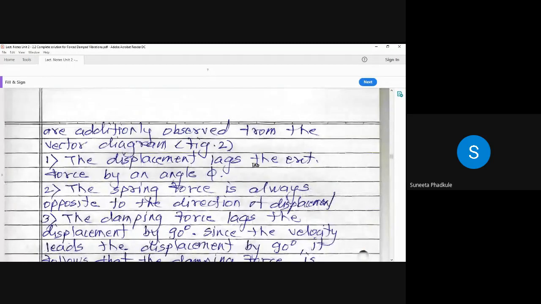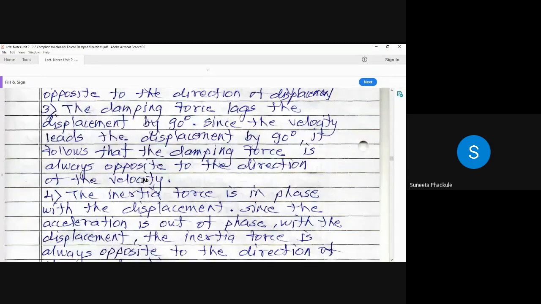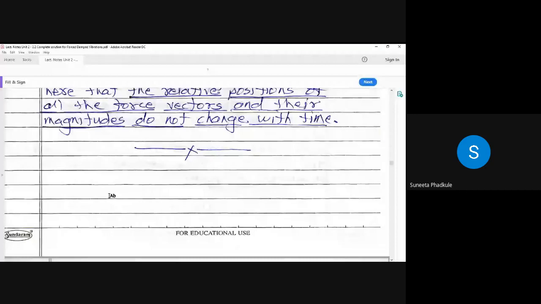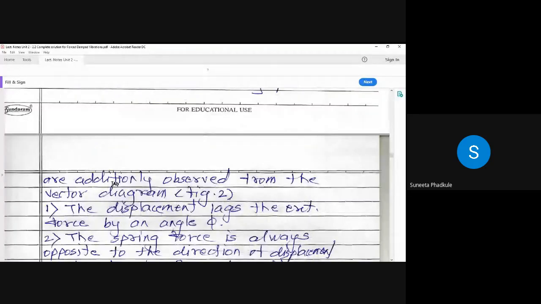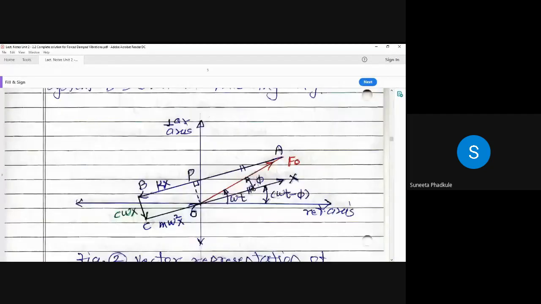The displacement vector lags the external force by angle phi. The spring force is always opposite to the displacement. Let us see here that the velocity vector is always leading the displacement vector by 90 degrees. See, this is your displacement vector and the velocity vector is leading by 90 degrees, like this.